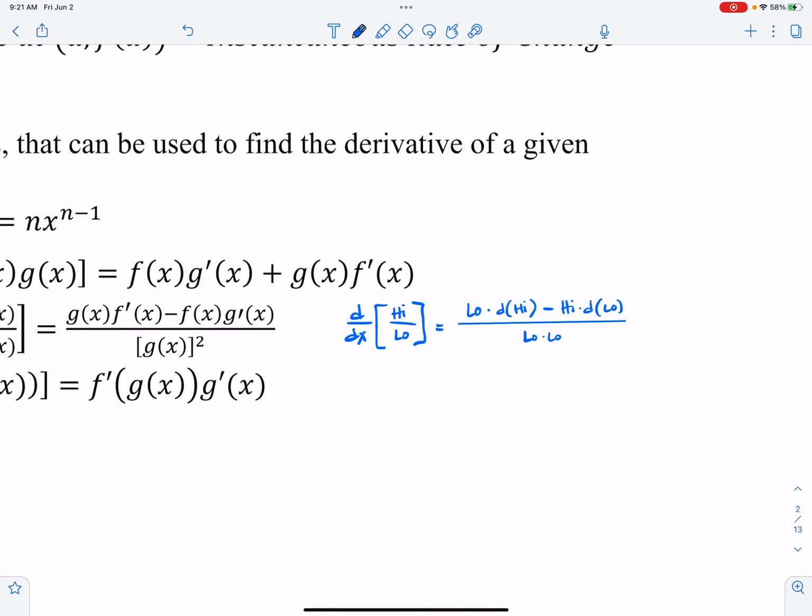If you look at it, right, here, low d high means derivative of the numerator minus high d low is derivative of the denominator all over low low. That's the denominator squared. So you can use that if it helps you.